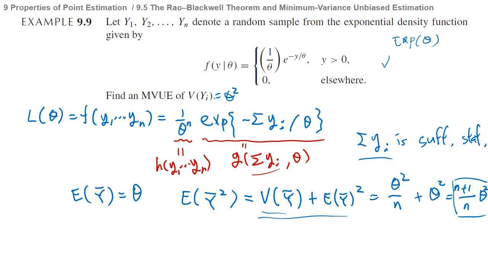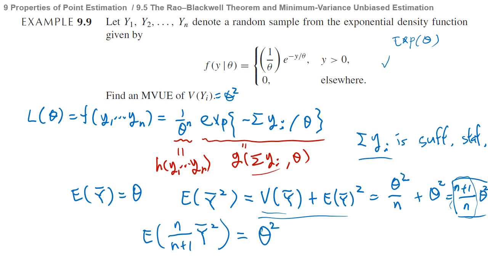From here, the expected value of y bar square is a biased estimator for theta square. To make it unbiased, we multiply by n over n plus 1, giving n over n plus 1 times y bar square. Then this should be theta square.